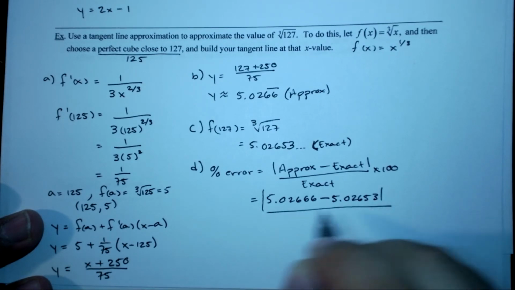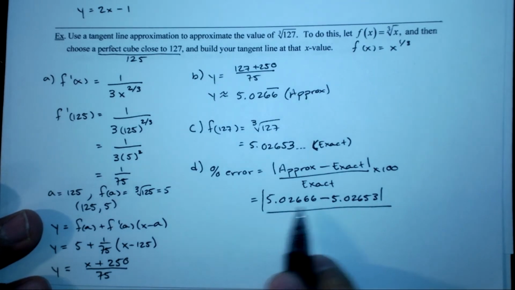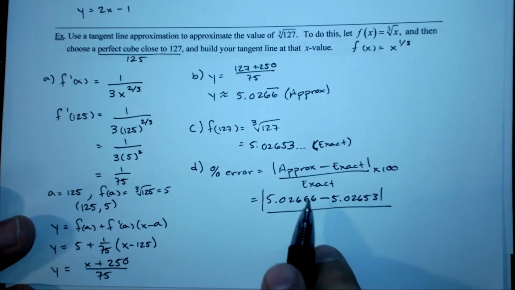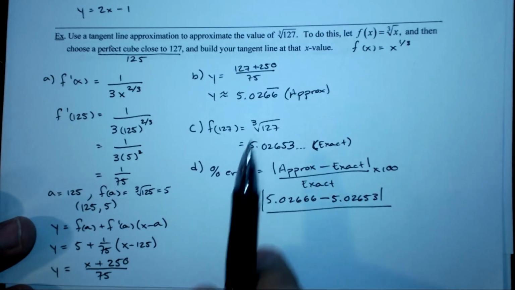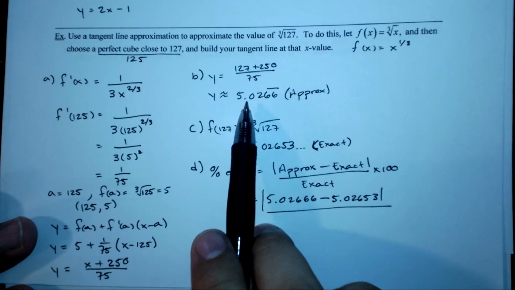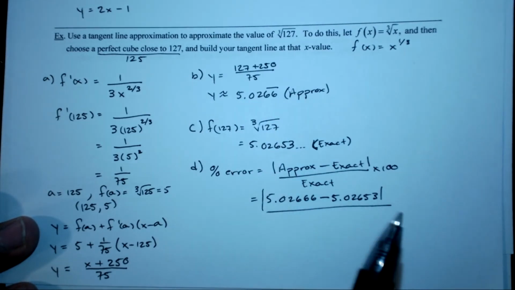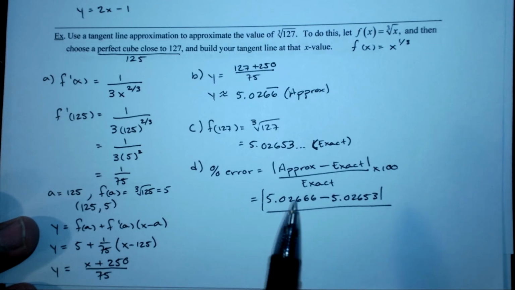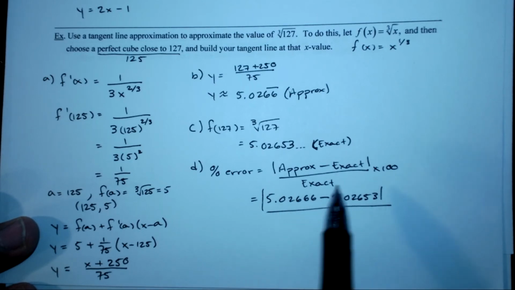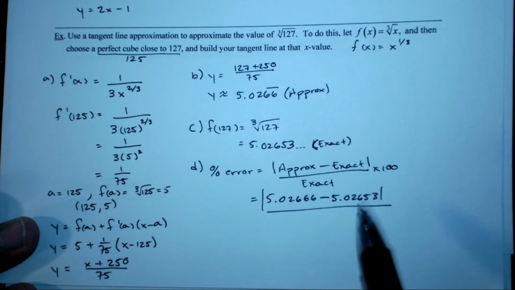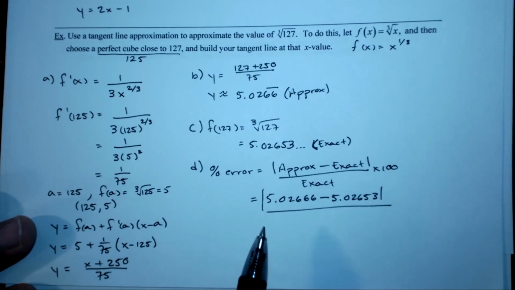5.02653 divided by... Now bear in mind, when you're plugging these into the calculator, it would be a good idea to store these values into a variable of some sort, and then use them in this formula so that you can get a more precise error. Because if you start truncating or rounding numbers off, your error is going to be off.